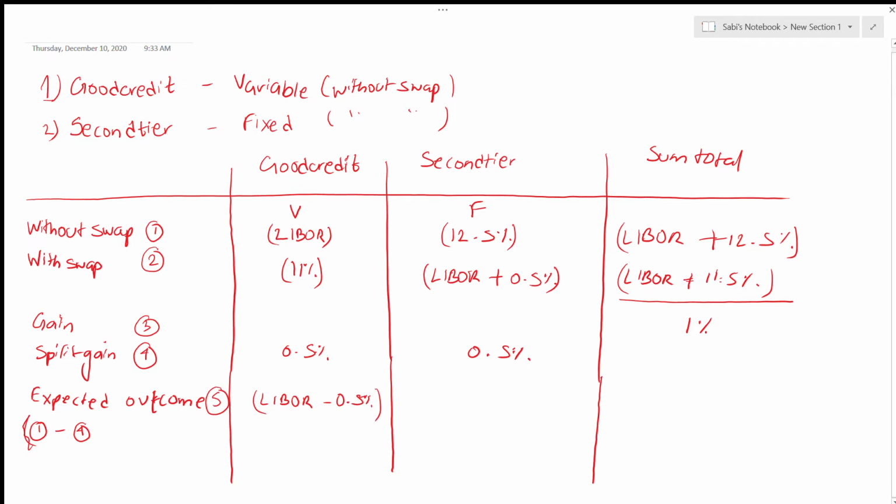And same way for second tier, without swap it was 12.5 and the gain is 0.5. So 12.5 minus 0.5 is 12%. Now take the total of LIBOR minus 0.5 plus 12. That means 12 minus 0.5. LIBOR will be there. So LIBOR plus 11.5%. Right? It should be in bracket. Everything else has to be in bracket.